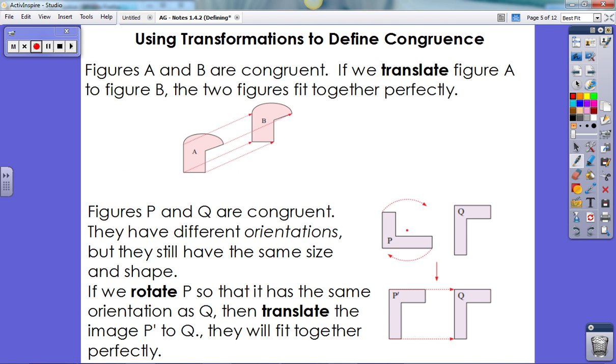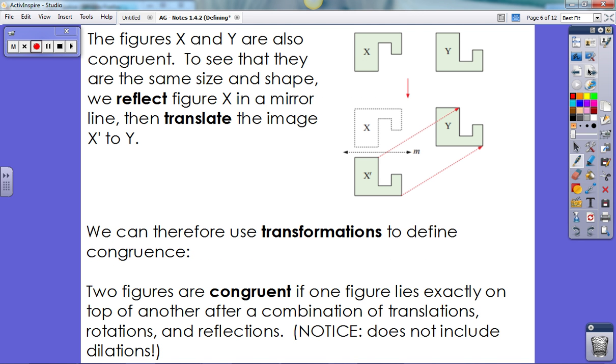So if I'm going to use transformations to define congruence, I'm only going to be able to use those rigid transformations, those isometries that we talked about at the very beginning. So we can rotate in order to get it to fit on top of each other. Here we can reflect and then translate.